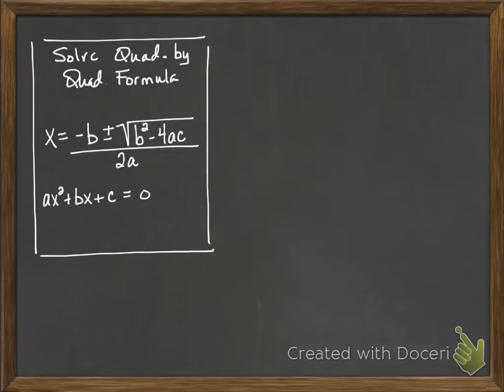Anytime we're solving, when you're solving by graphing, your equation is set equal to 0. So your a then would be the number in front of your x squared, your b would be the number in front of your x, and your c would be the number that doesn't have an x at all. And then you take these a, b, and c values and you put them in that formula, and it solves the equation for you. It's going to tell you what your x values are.